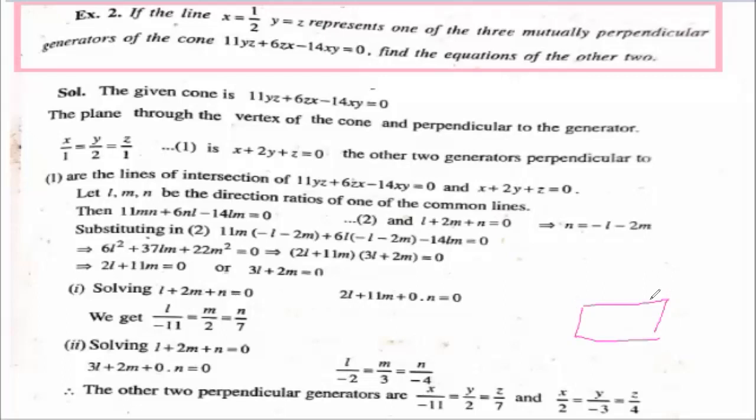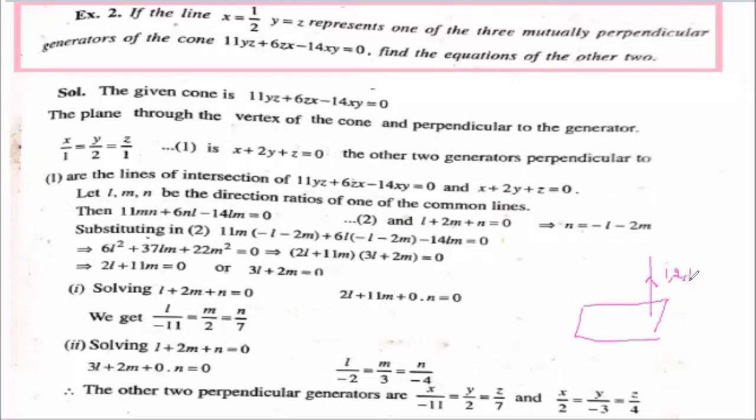This plane is perpendicular to the given line. So what are the DRs of this line? 1, 2, 1. So automatically, the equation of the plane is x plus 2y plus z equal to 0.